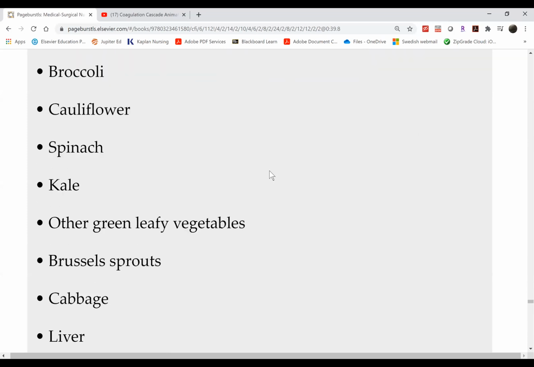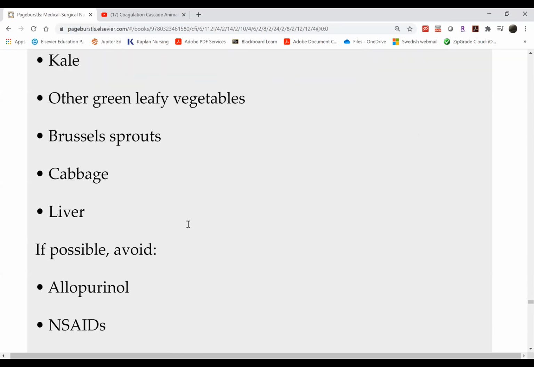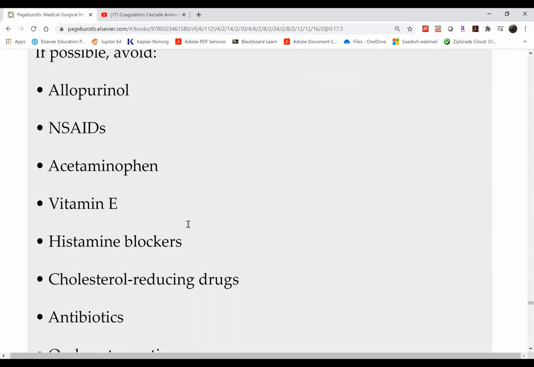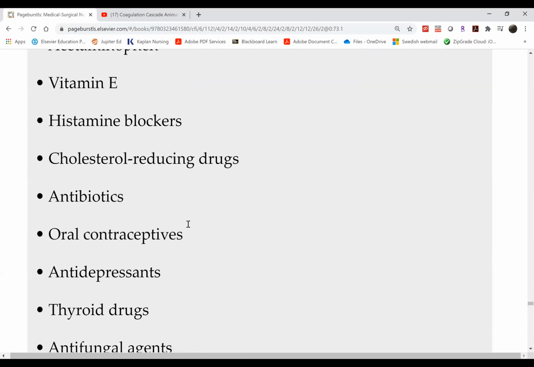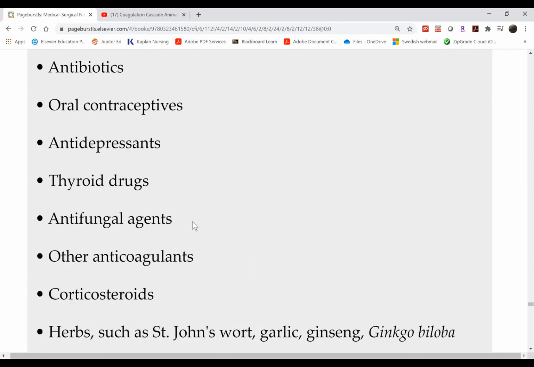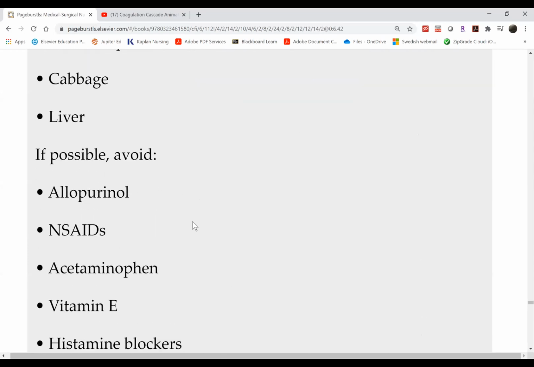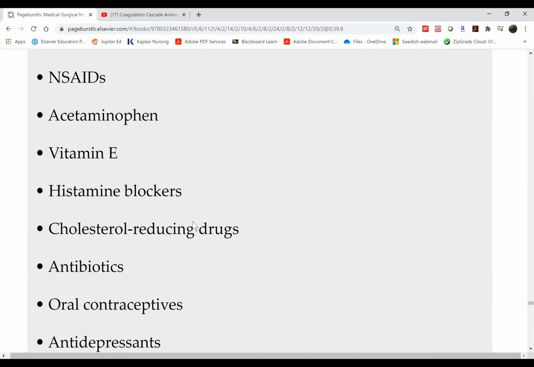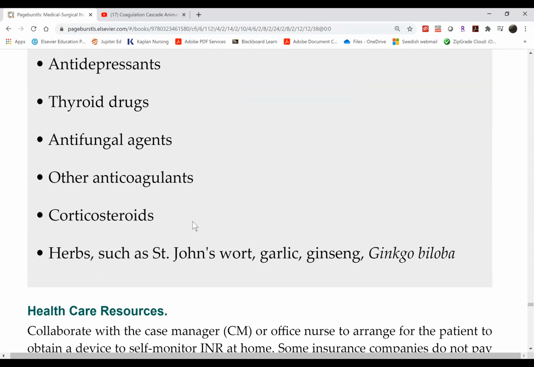As you can see, they only have food. There are beverages as well. There is also cranberry. Cranberry juice is high in vitamin K. So you have drugs here also that should be avoided because they interact with warfarin.